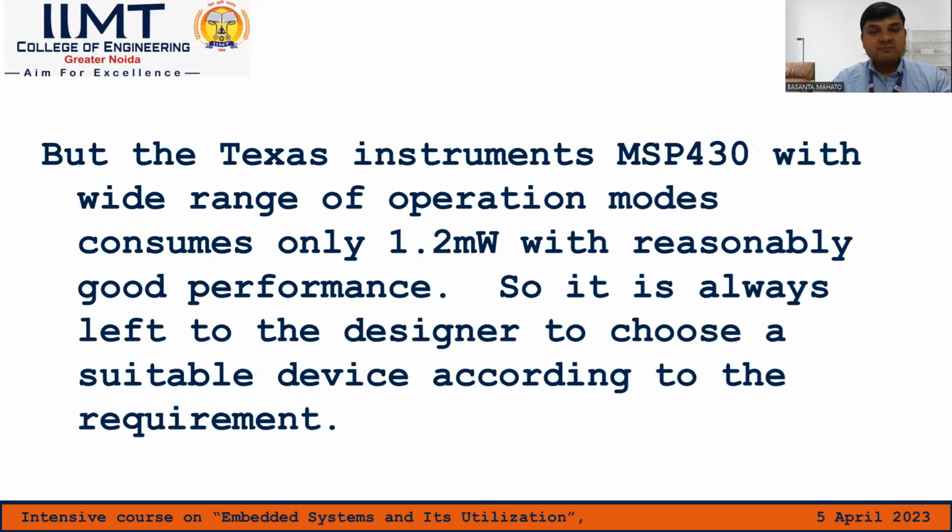But the TI MSP430 is only 1.2 milliwatts with reasonably good performance. So it is always left to the designer to choose a suitable device according to the requirements, meaning according to the application.